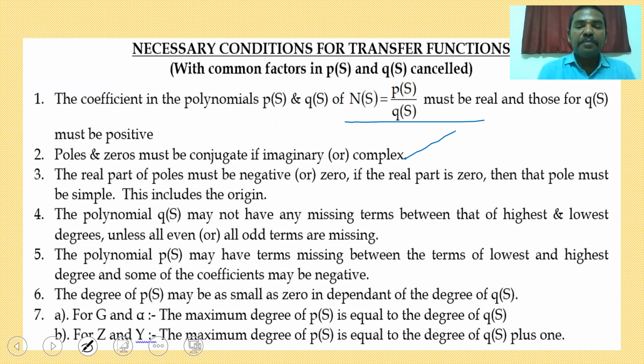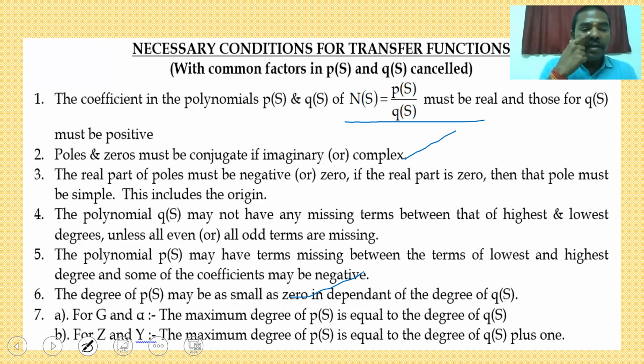At the same time, the degree of P of s may be as small as 0 and is independent of the degree of Q of s. In the driving point impedance, it must be either 0 or 1, but here the degree of P of s may be as small as 0 and is independent of degree of Q of s.